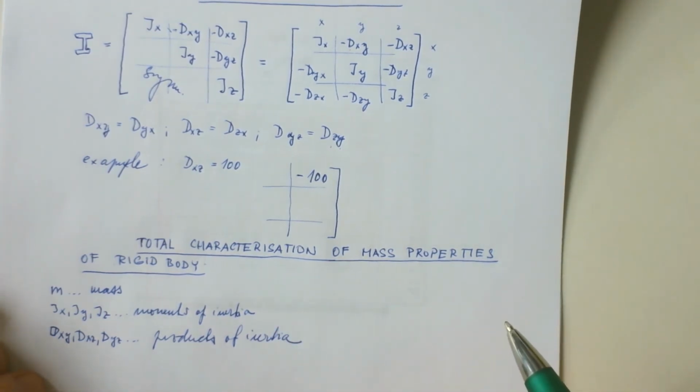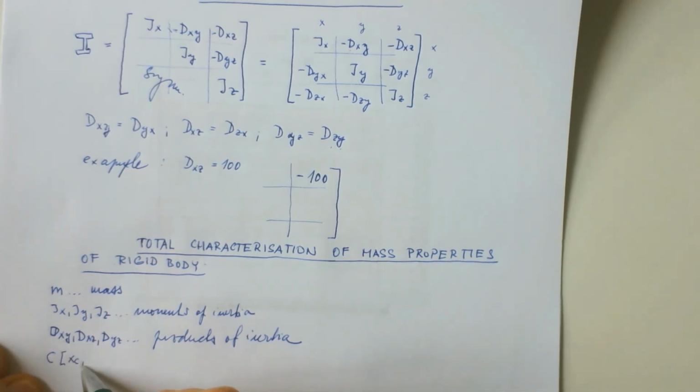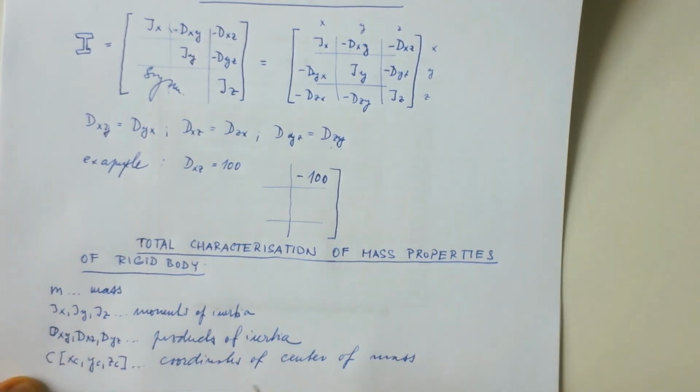And finally we have to know position of center of mass, coordinates of center of mass. So this is a full description, total characterization of mass properties of a rigid body. So if we need to make complex dynamic calculus of rigid body, we need to know all these parameters.